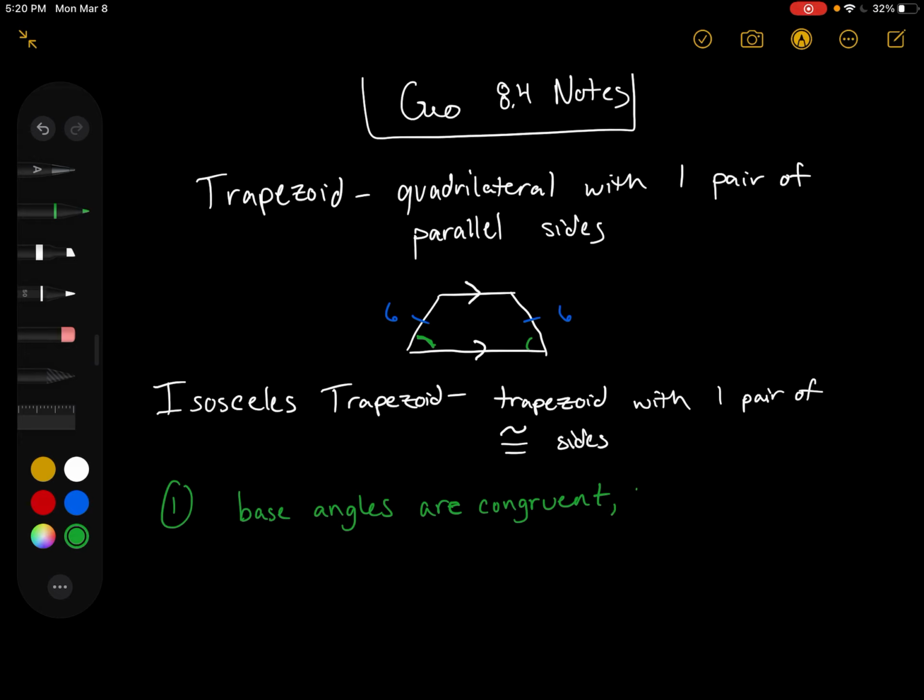So for a proof, we could use this to prove an isosceles trapezoid. Second, an additional theorem is that if the diagonals are congruent, then we can also say it's isosceles.